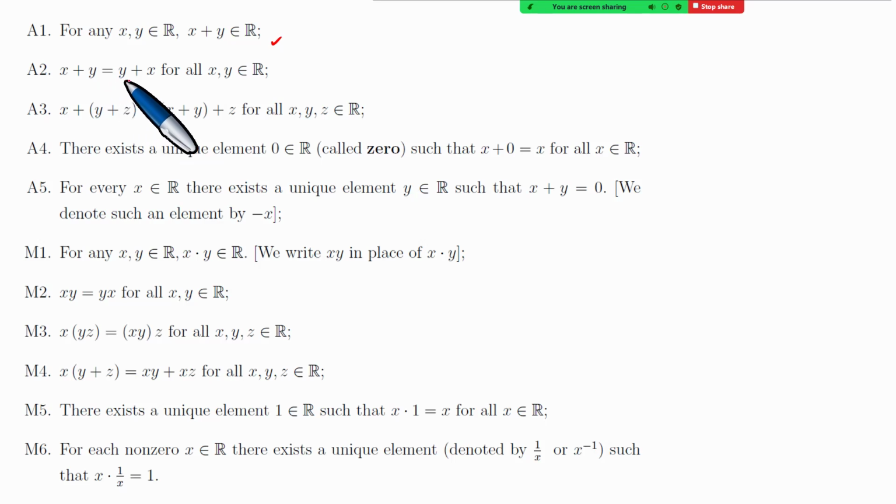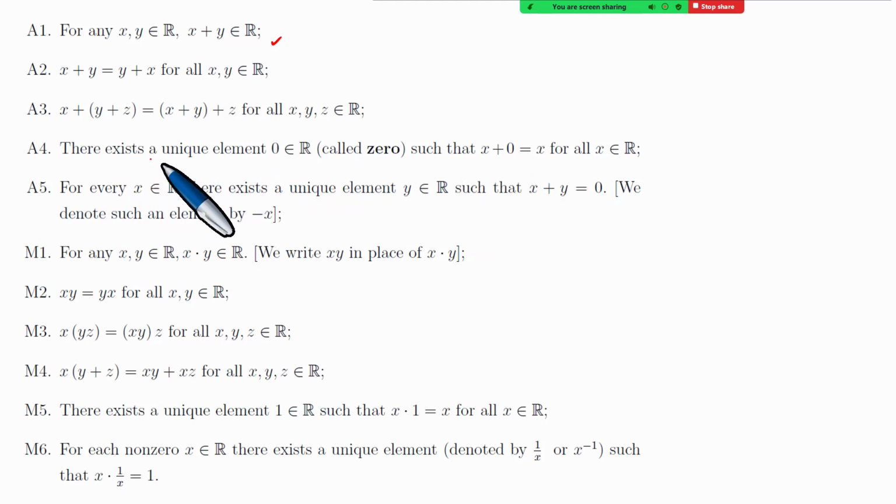So you have commutativity, associativity, but also there exists a unique element 0 in R called 0, such that x plus 0 equals x for all x in R. For every x in R, there exists a unique element y in R, such that x plus y is 0. We denote such an element by minus x. First, we look at the sequence of the axioms that pertain to addition.